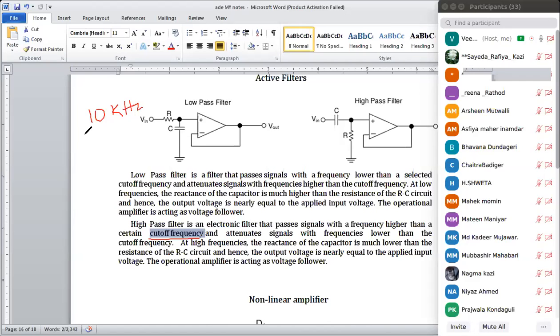The low pass filter will allow all the frequencies from 1 to 10 kilohertz, whereas the high pass filter only allows frequencies more than 10 kilohertz.